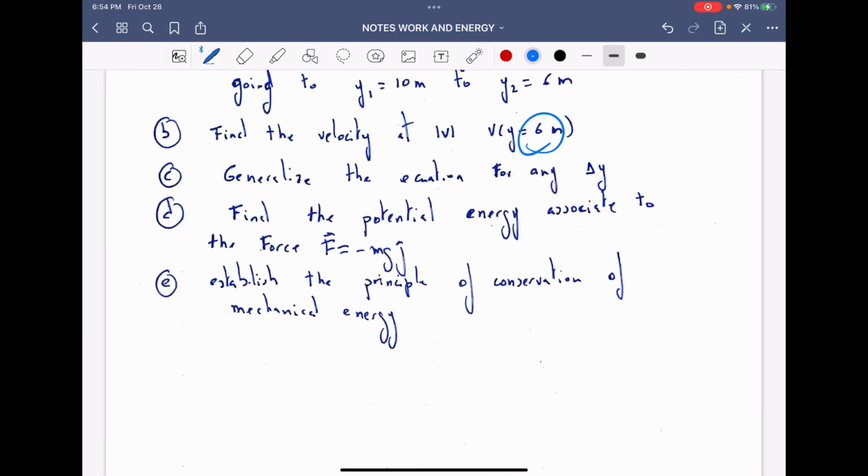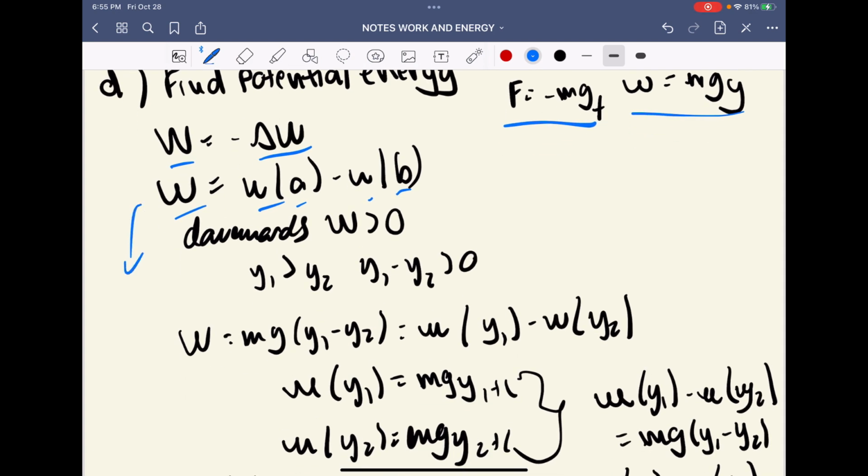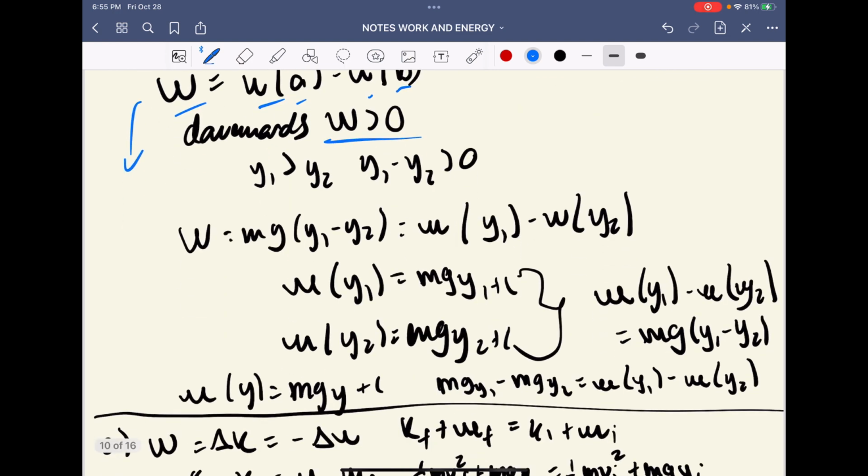Then we go into D. It says find the potential energy associated with the force F equals minus mg. In order to find the potential energy, we start by drawing the equation. We're trying to prove that F is equal to minus mg, and the work is equal to mgy. So work equals U at a minus U at b. The direction is downwards, and we established that work is already greater than 0.